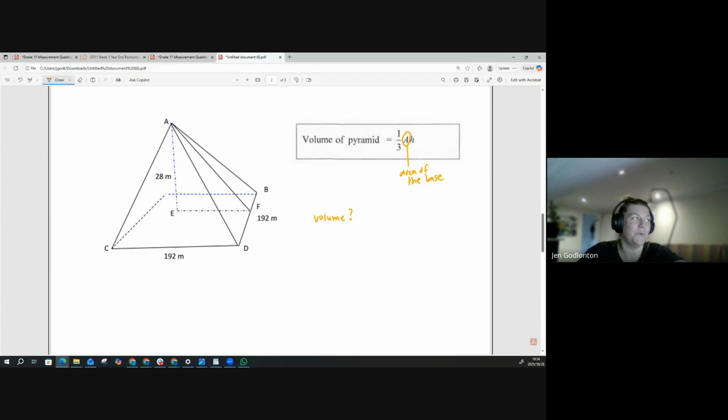It's not the midpoint of the base, but it is the height.